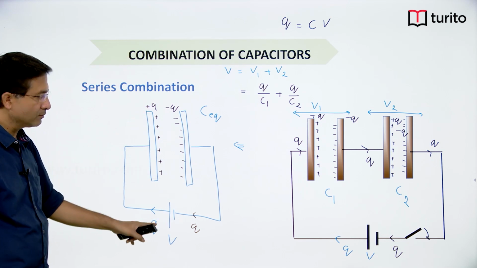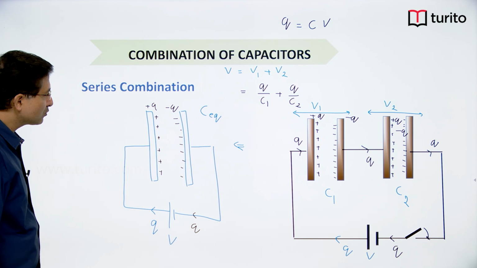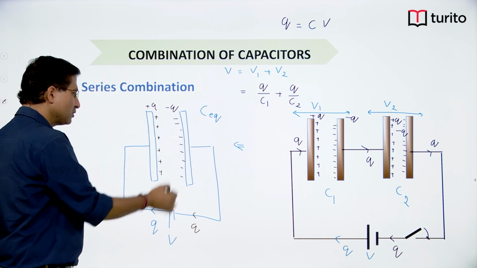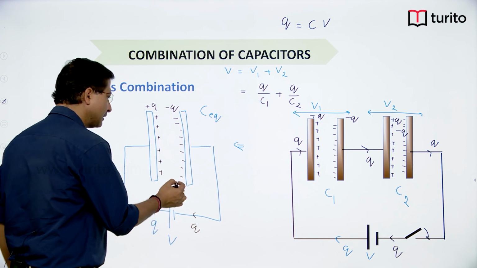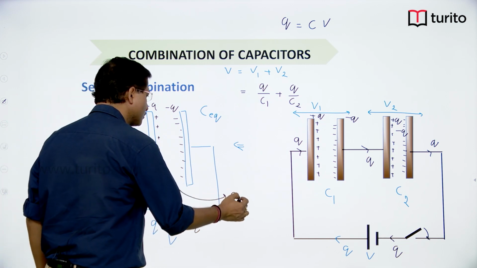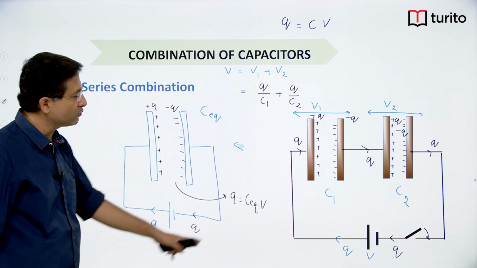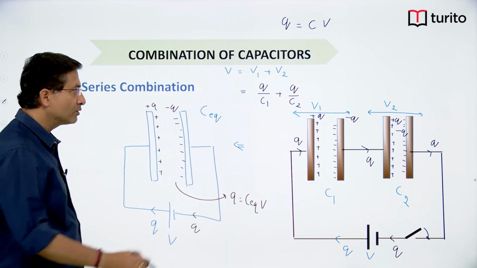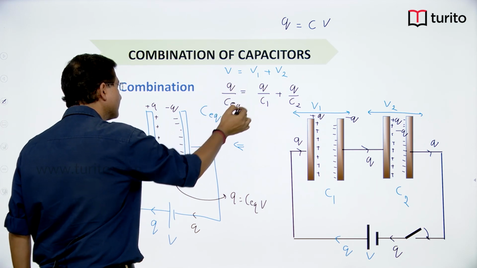So, now from this circuit I can write Q is equal to CV, C equivalent V. So, from here I can write Q is equal to C equivalent V, that means V is equal to Q by C equivalent. So, here I can place the value Q by C equivalent.